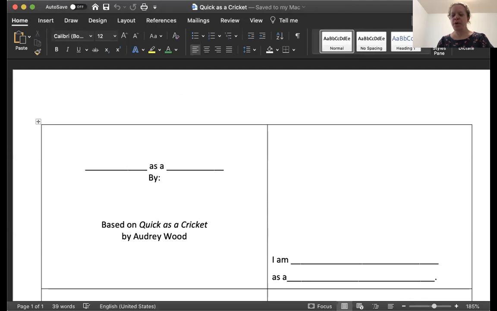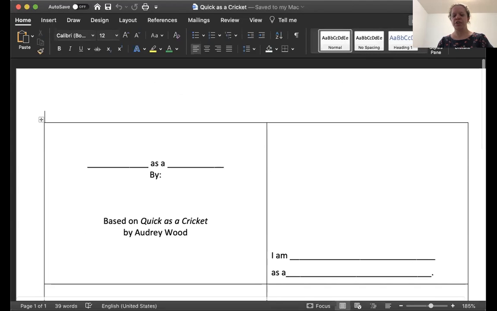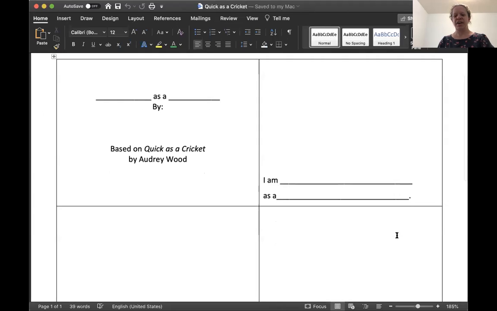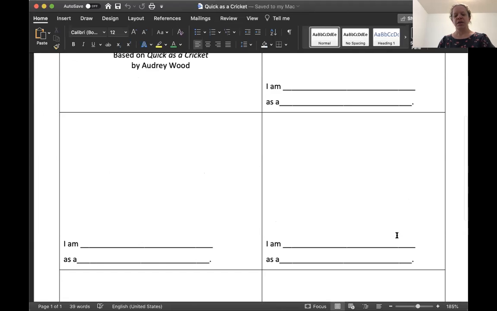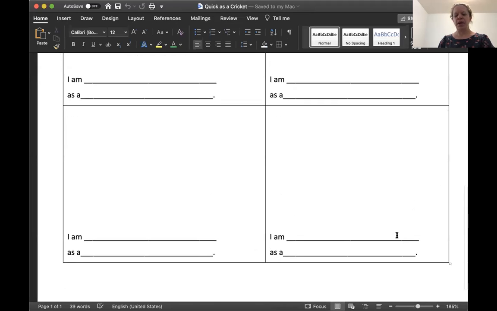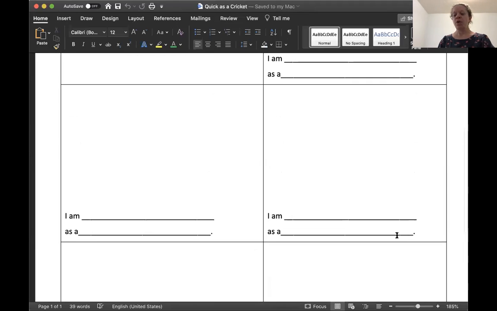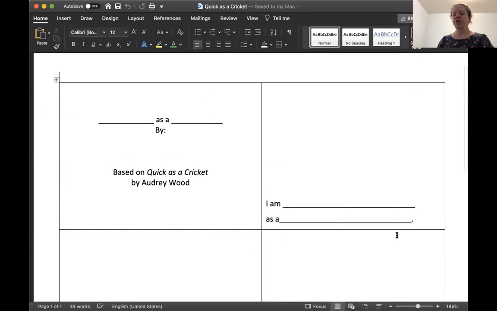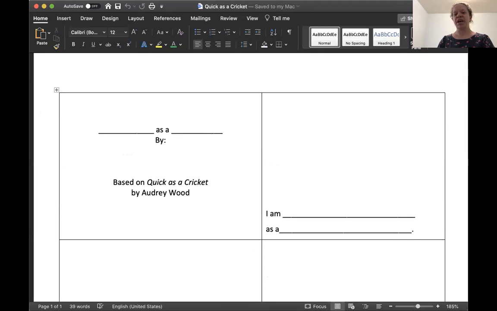So for example, I might give my students a page that looks like this. I have lots of boxes, and I've already written in the text I am as a blank. So then I could have my students fill in their own text to write their own little book.